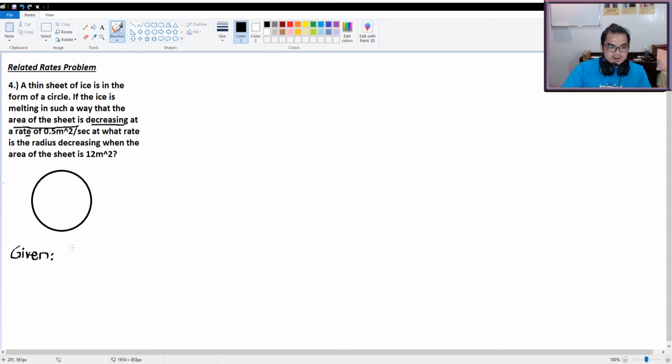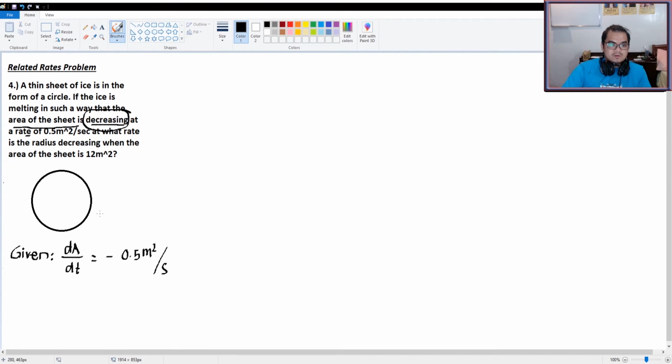So area, change of area with respect to time, so that is dA over dt. This must be equal to 0.5. Remember that that is decreasing, therefore this must be negative. This is negative 0.5 square meter per second.